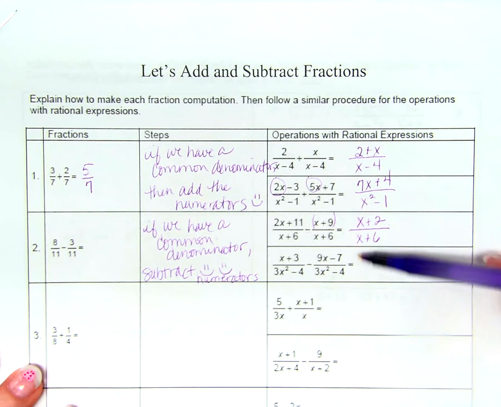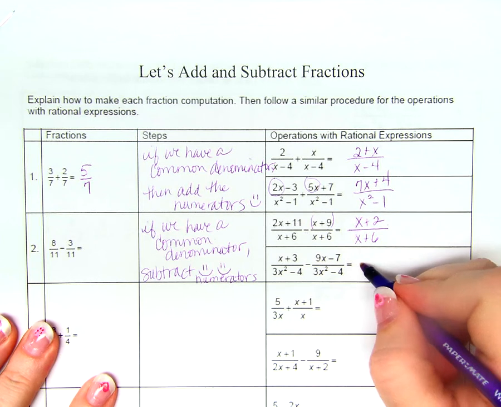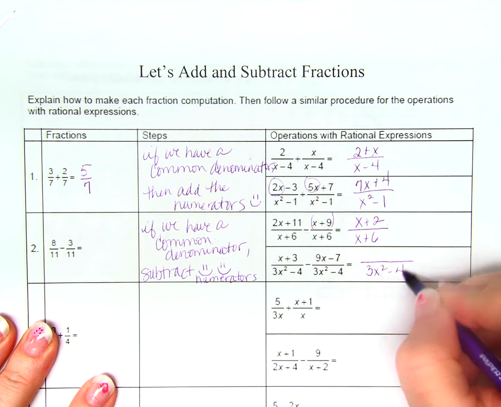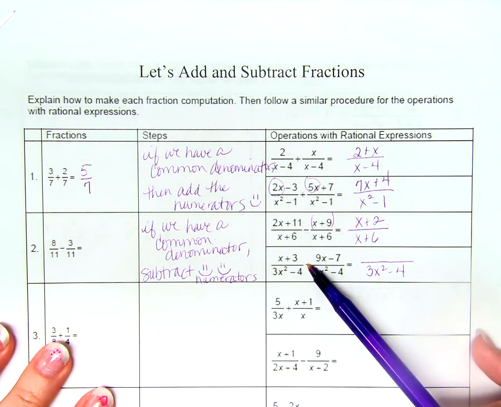So what about the second example here? If the denominators are the same, let's go ahead and write it. Get it out of the way, right? Okay. So what is x minus 9x?